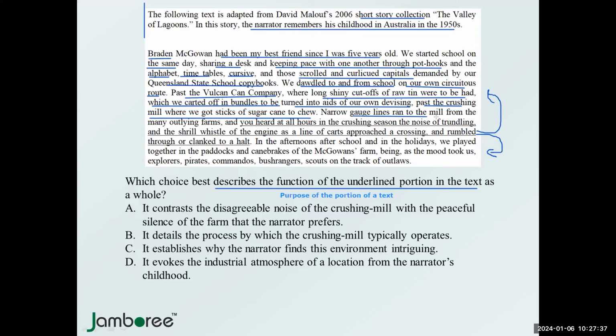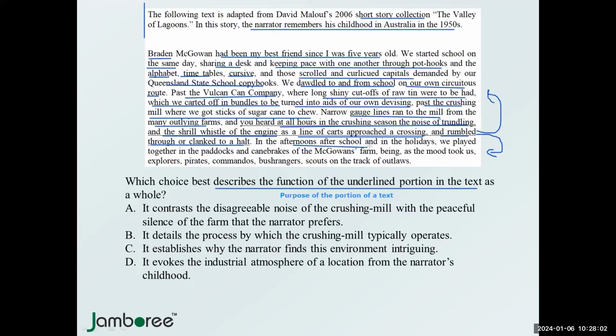Narrow gauge lines ran to the mill from the many outlying farms. And you heard at all hours in the crushing season the noise of trundling and the shrill whistle of the engine as a line of carts approached a crossing and rumbled through or clanked to a halt.